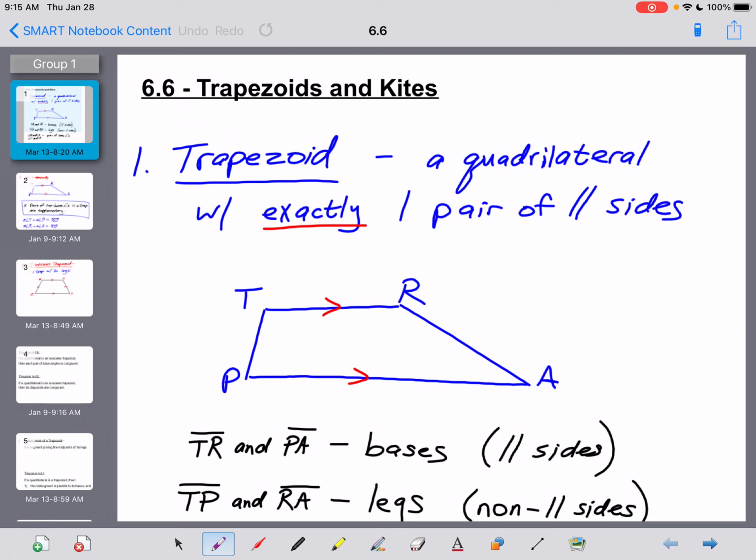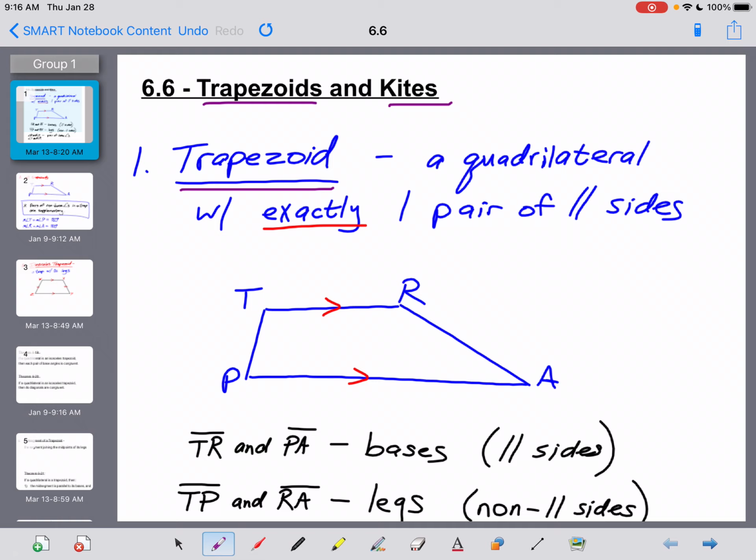Now in 6.6, we shift gears a little bit, and it's important to note that unlike those three things we talked about in section 6.4, when we go to define these two terms today, trapezoids and kites, and we're starting, as you can see here, with trapezoids, this definition does not begin by saying that a trapezoid is a parallelogram.